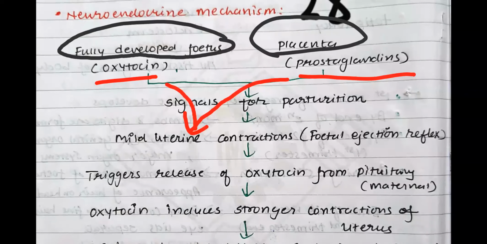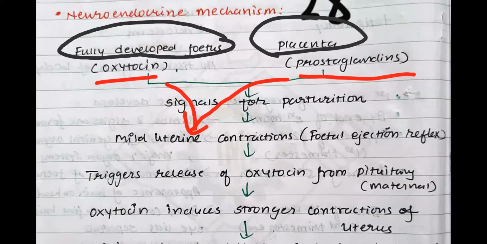It may go for hours. So before the hours of that terminal stage of parturition, the mild uterine contractions start in the mother, and they are initiated by the oxytocin and prostaglandin, respectively secreted by the fully developed fetus and mother's placental part. This will be the first signal for parturition.